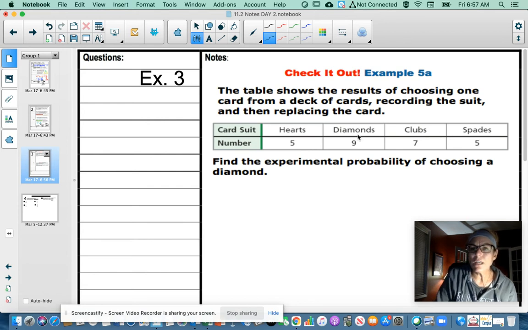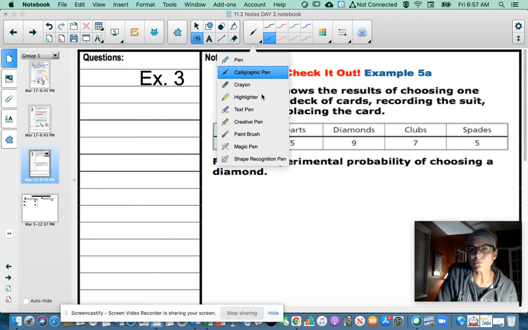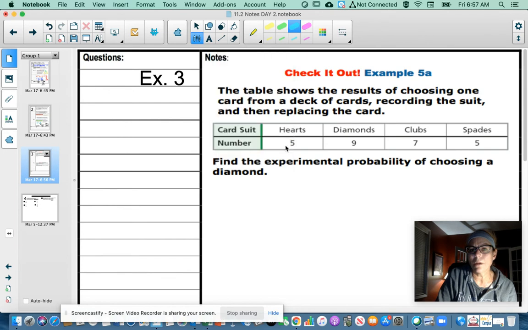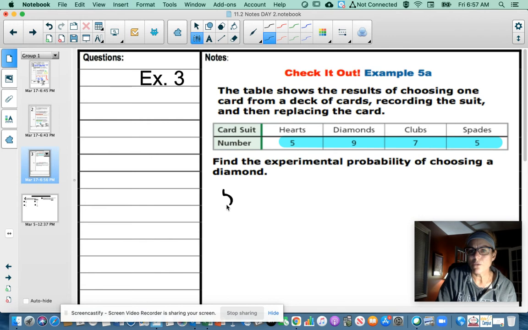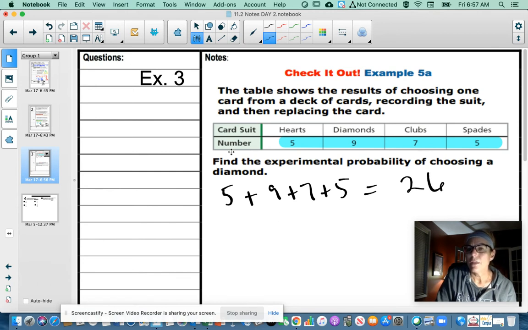So the first thing I want to do is add up the number of cards I picked in this experiment. 5 plus 9 plus 7 plus 5 is 26. That's our denominator. They want to know the experimental probability of choosing a diamond.